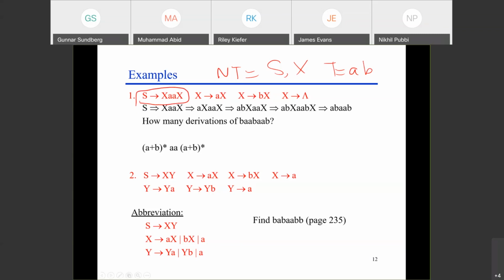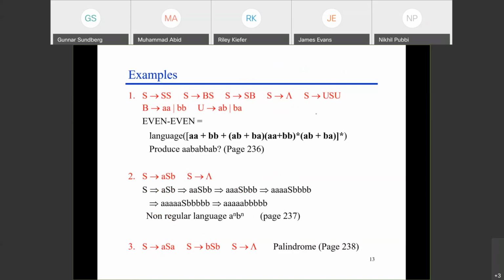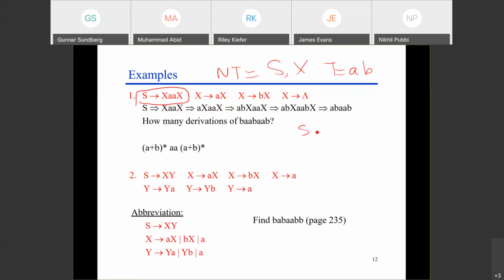So if you do not have more than one start production rule, then you have to always start from this production rule. This gives you a guarantee that the two a's must always be there, because you can replace X with anything, but these a's will always be there. Now what is X?